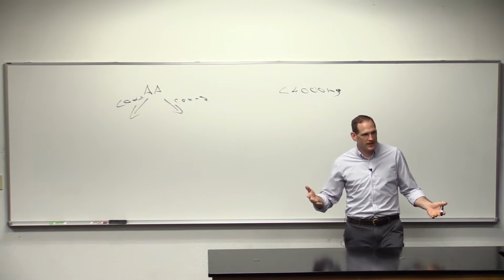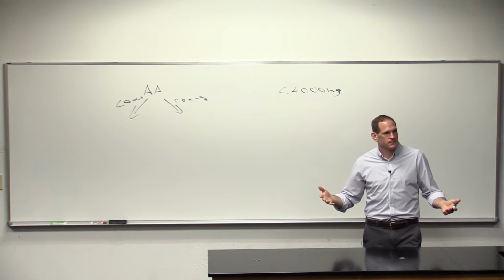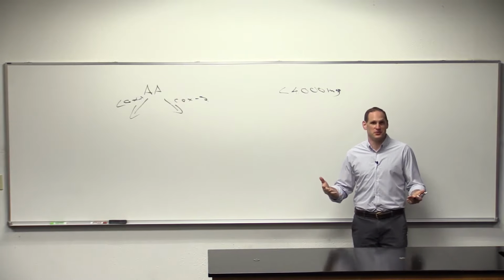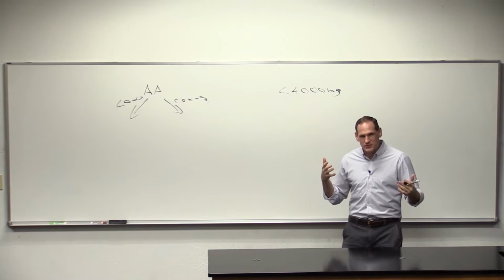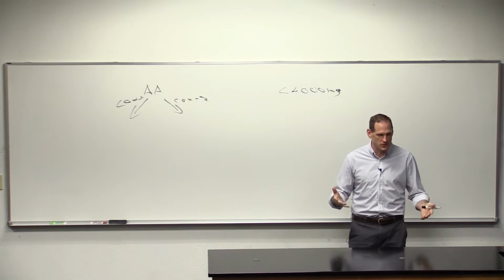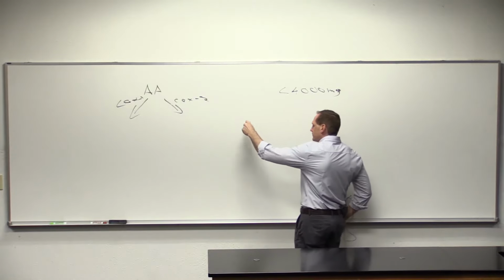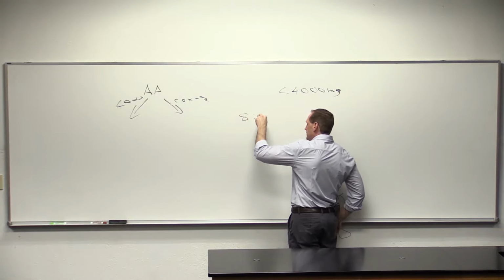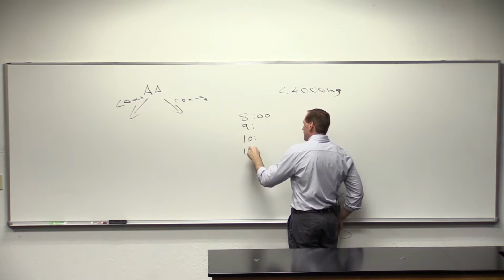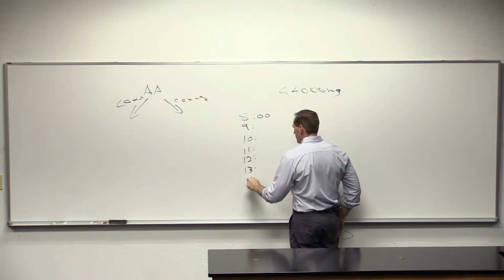Well, what time is it right now? All right, so it is currently 1300. It's really important that you learn how to do military time or hospital time, which is 24-hour time. So basically, you've got 8 in the morning, 9, 10, 11, 12, 13, 14.